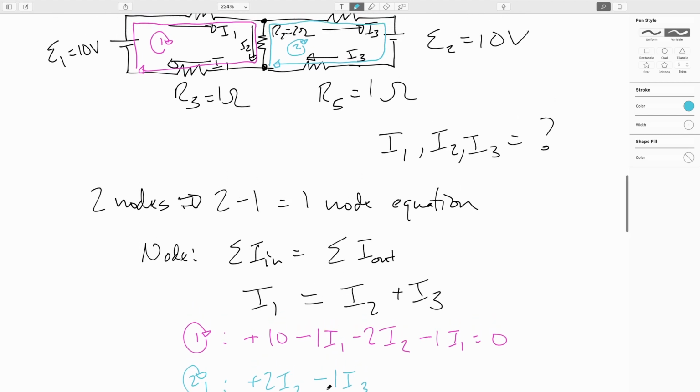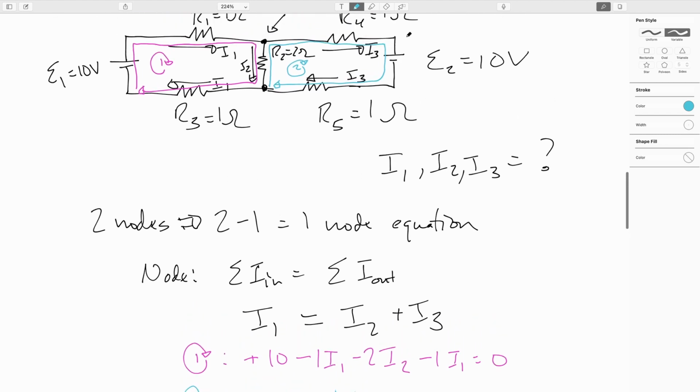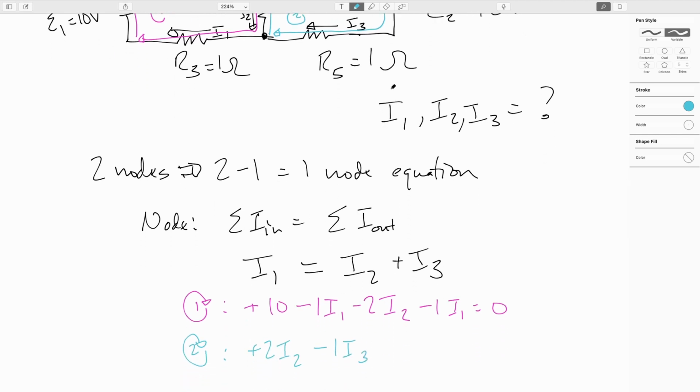And then here, I enter the battery on the positive side, I exit on the negative side. I always pick up the sign of the terminal I exit. So that's minus 10 volts, or we'll just write minus 10. And then finally going with I3 through R5, this will be minus 1 I3, and I walk my imaginary dog back home to write equals 0.